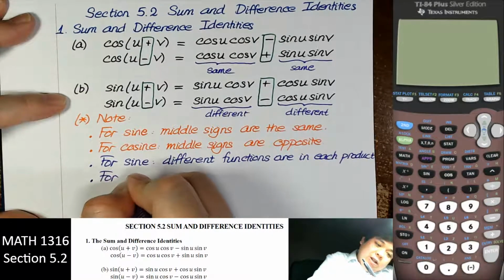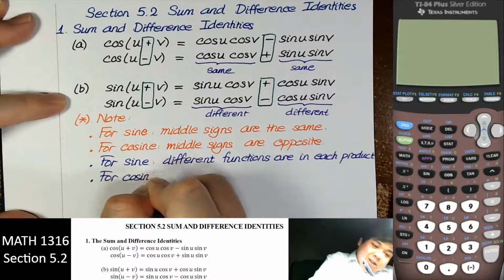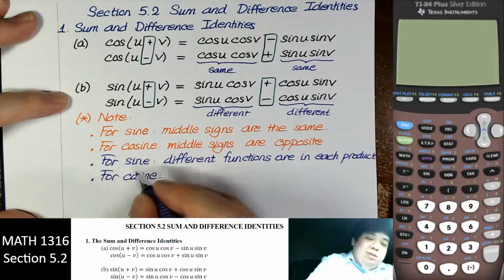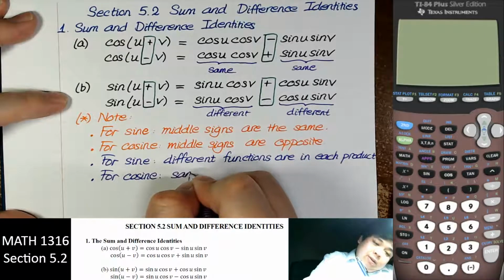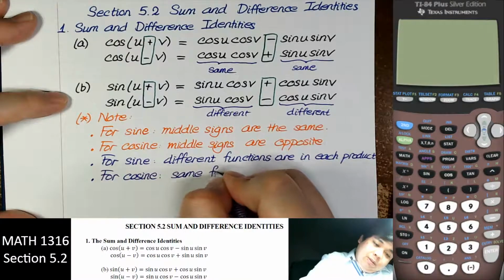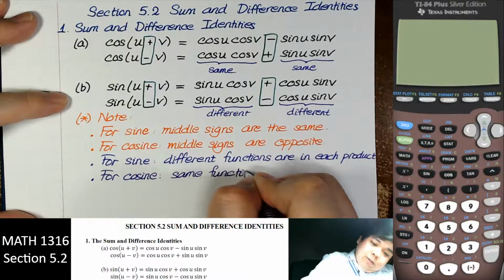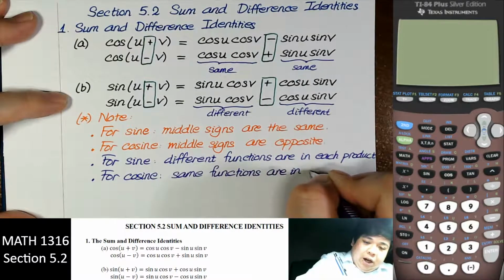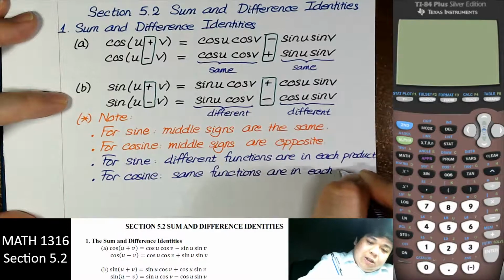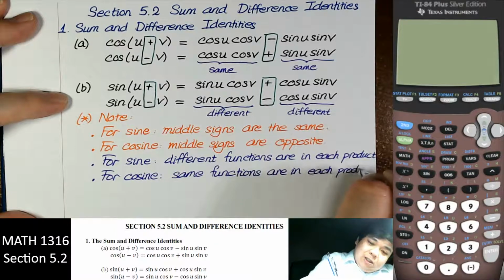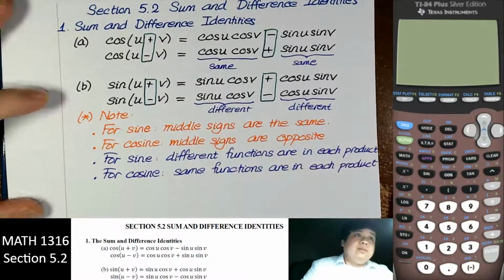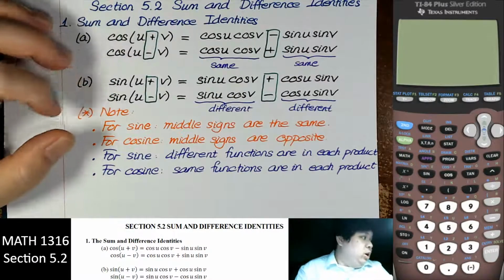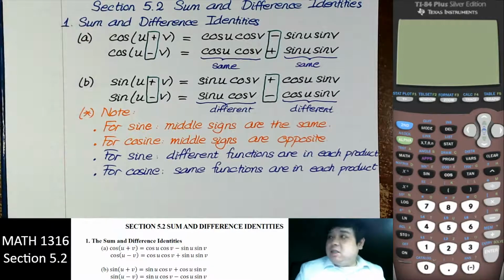And for cosine, we have the same function in each product. Right. So those are the differences between these two identities.